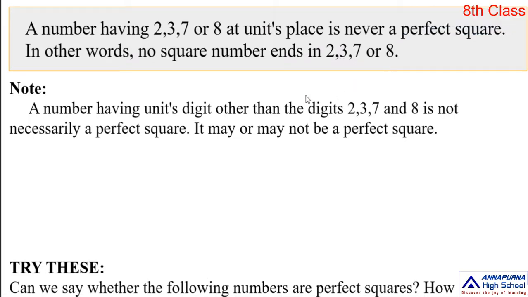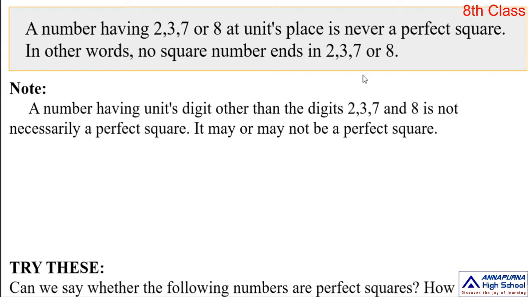Is it clear? And here one important note is there. A number having units digit other than the digits 2, 3, 7 and 8 is not necessarily a perfect square. This is the most important note.